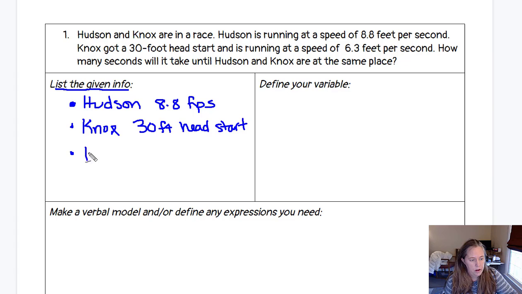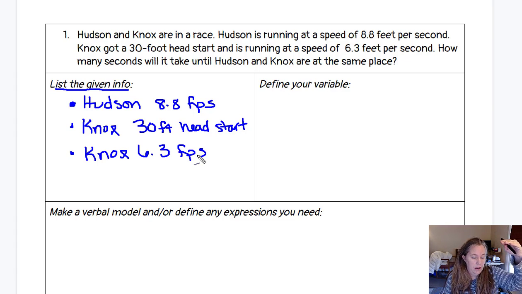And also Knox is 6.3 feet per second. So that's what I mean by listing the given information. You just take it out of the wordy word problem and put it in a list. It helps your thinking, it helps your memory to have it in a list.